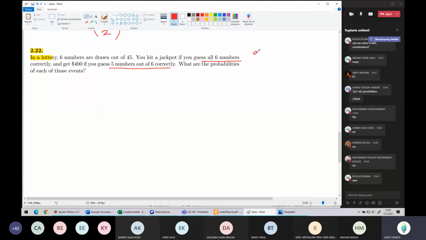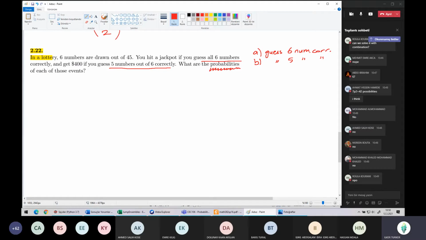So we have two parts for this question. Guess 6 numbers correctly and guess 5 numbers correctly. What are the probabilities? Not in how many ways. This is a probability question, so you will divide it with sample space.